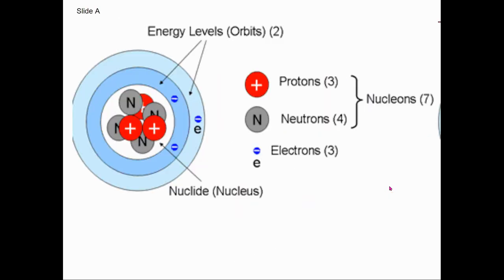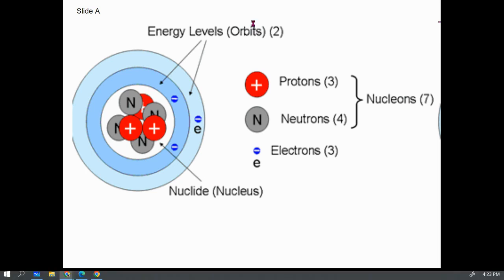So now that we have our definition of an atom down, let's go ahead and talk about the three subatomic particles and where we find those in an atom. Obviously, atoms are very, very small. In fact, they're so small that you and I can't even really understand how small they are. So if I was going to draw a picture of an atom, it might look something like the slide I'm showing you.